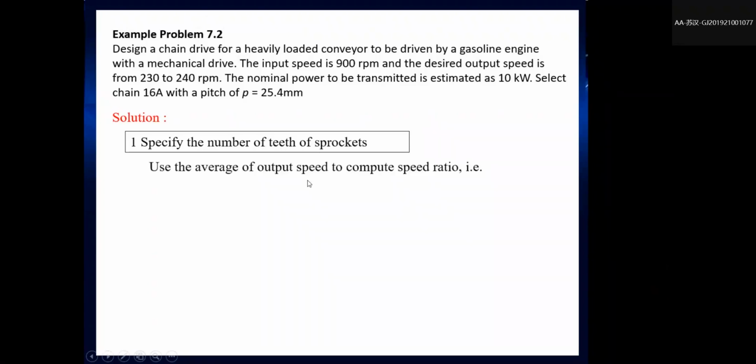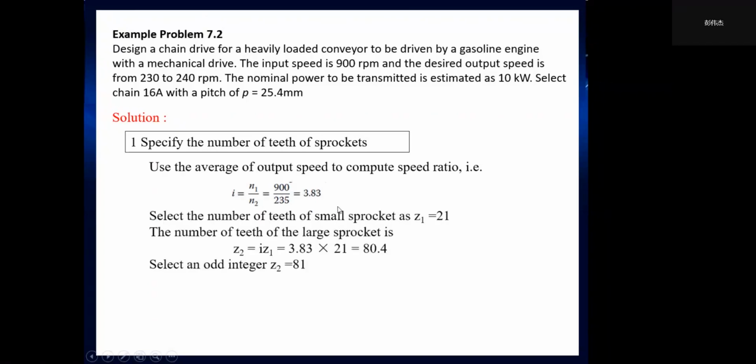Use the average output speed, this is N1 and this is the average speed for N2. So i is 3.83, and select this Z1 as 21. You also can choose 23 or 25, or another value.